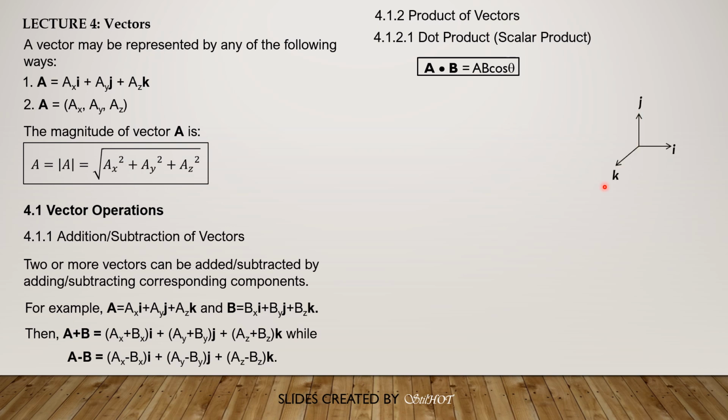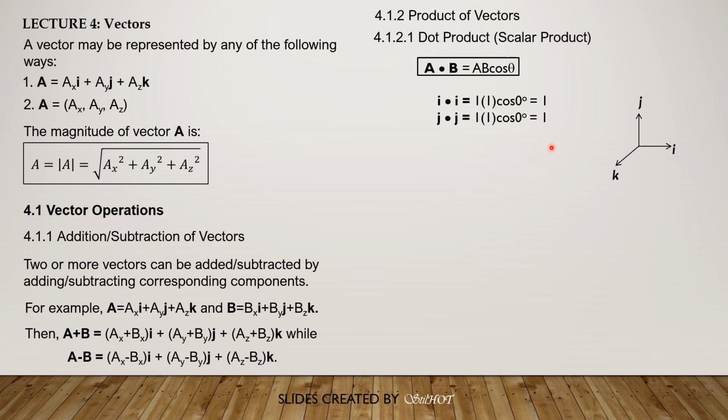So with respect to the product of unit vectors, i dot i, using this formula, is 1, the magnitude of i is 1, the magnitude of i is 1. Then the cosine of the angle between unit vectors i and i is 0, and cosine of 0 is 1. Therefore, it is 1. If you dot i with another orthogonal unit vector, then the result is 0 because the cosine of the angle between them, cosine of 90, is 0.